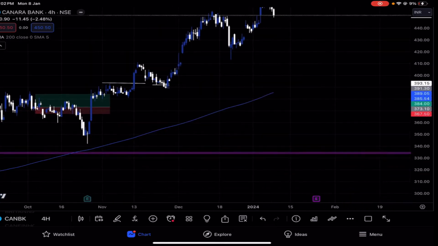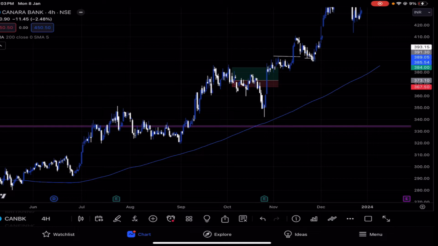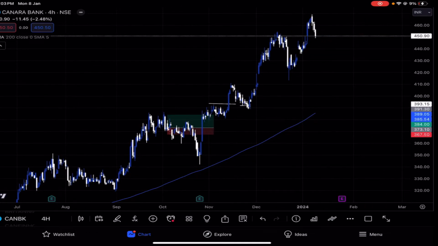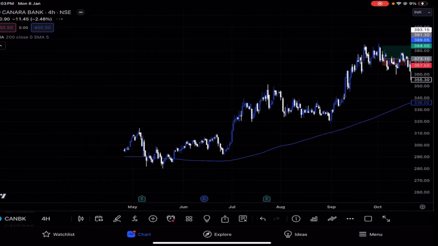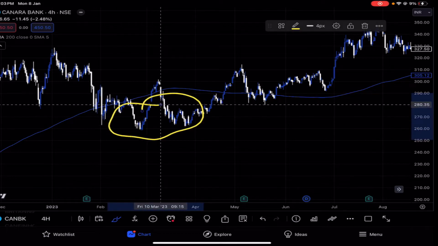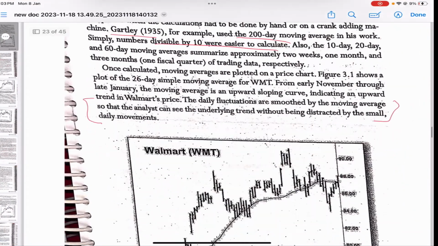And if the price is trading below the 200 moving average, then they will look for shorting opportunities. So you can see clearly the price is above the 200 moving average, right? So we will only look for buying opportunities. Here, in situations like these, when the price is below the moving average, we will look for shorting opportunities. So that is also one thing which people use.